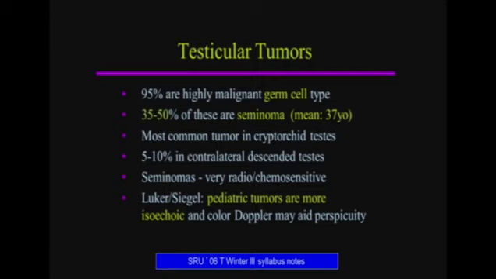The most common tumors would be found in the cryptorchid testes. 5 to 10% of cryptorchid individuals actually have the abnormality in the contralateral descended testis. Seminomas are very radio- and chemosensitive. Luker and Siegel at one point said that pediatric tumors are more isoechoic and color Doppler may aid perspicuity, particularly in the pediatric group.